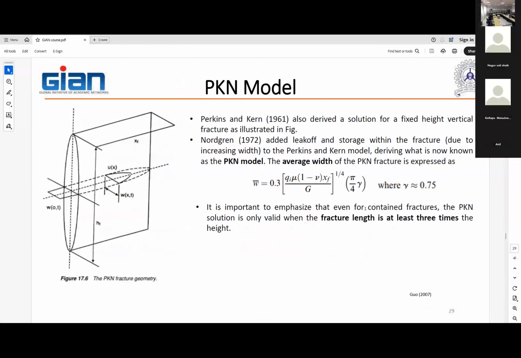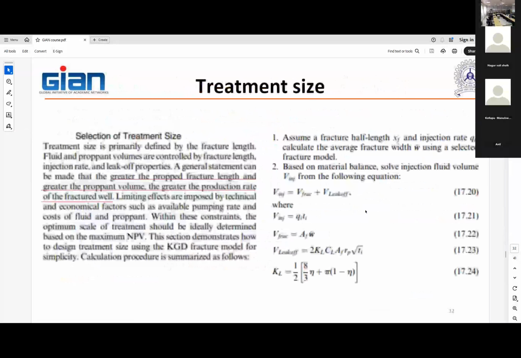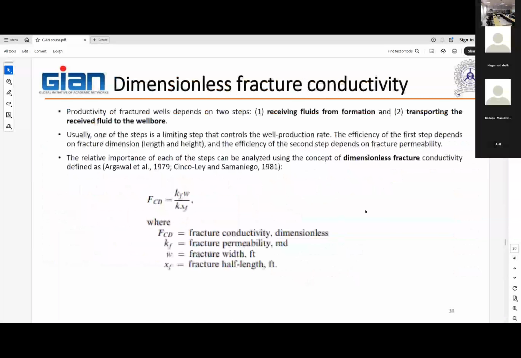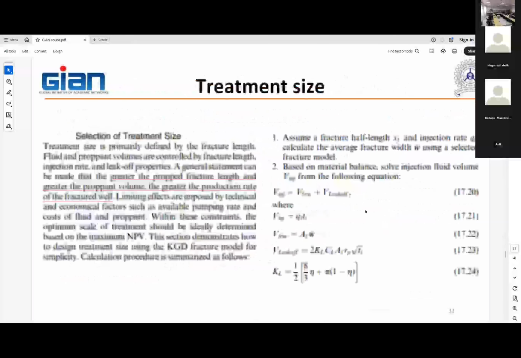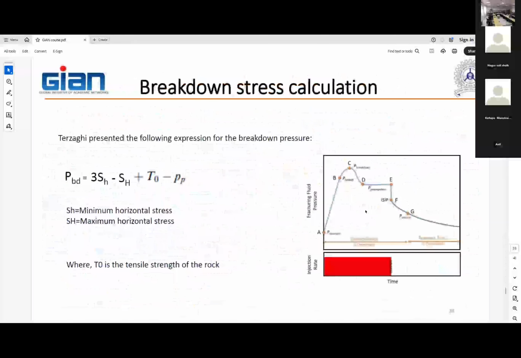If I'm pumping the fluid and recording the pressure versus time, what is the highest point on that curve? Yeah, breakdown pressure, correct. So P breakdown is the highest point on that curve.